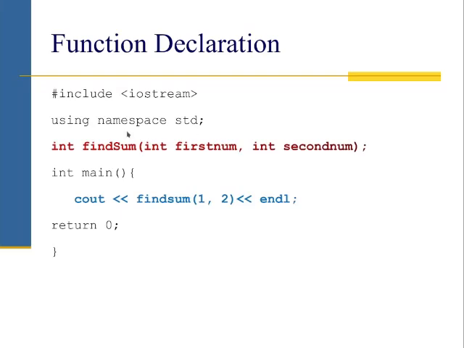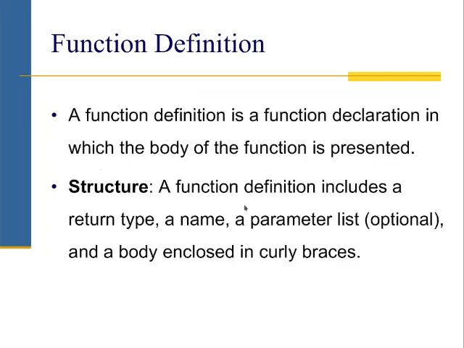We are creating a first variable with the int data type, and this one will be the second number with the int data type. And when we are calling it, we call it like this. We look further at that.